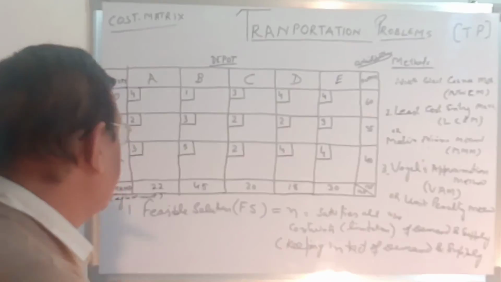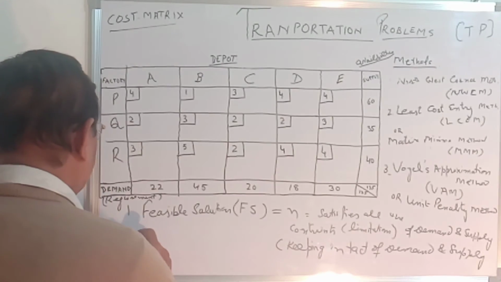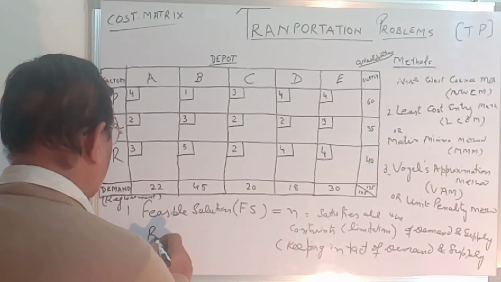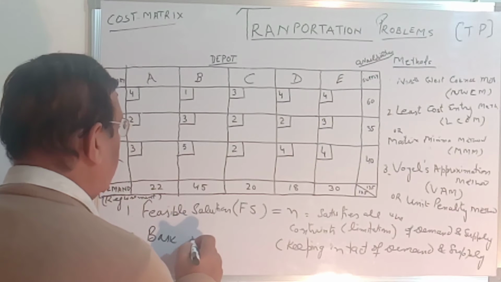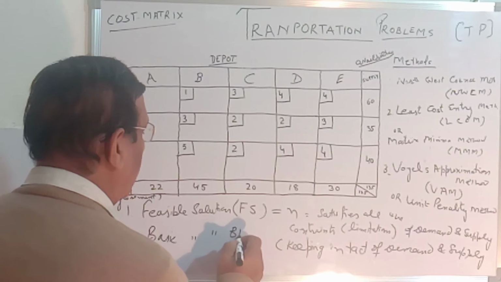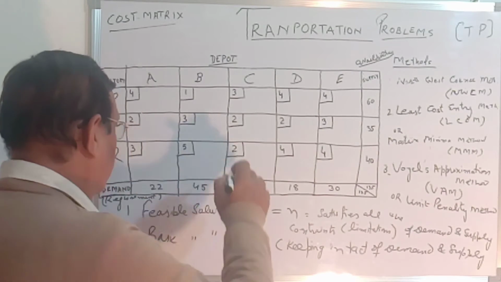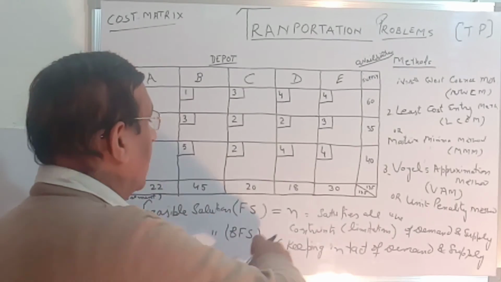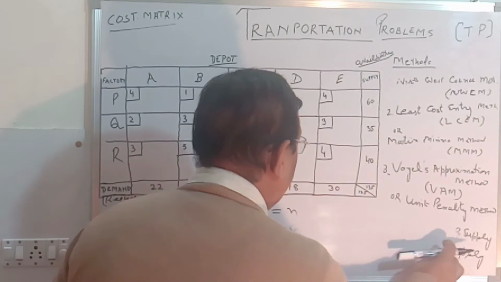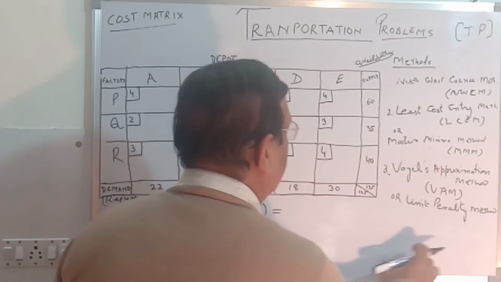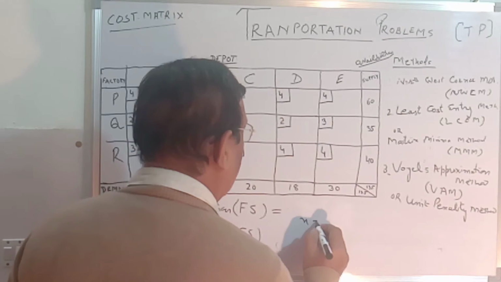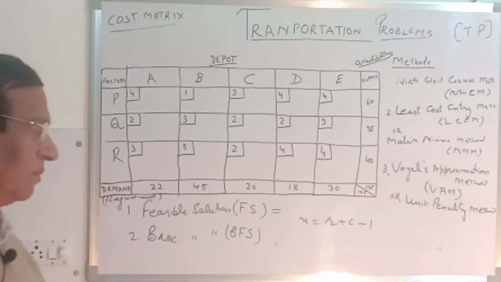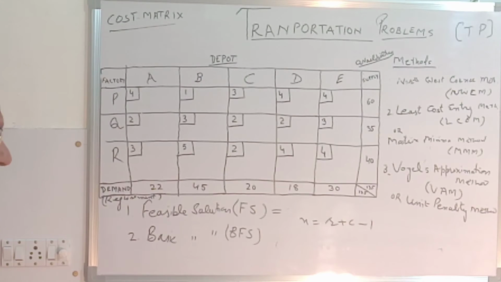That is the case. Second is the basic feasible solution, BFS. Basic feasible solution means when the number of allocations n is equal to the number of rows plus the number of columns minus 1.